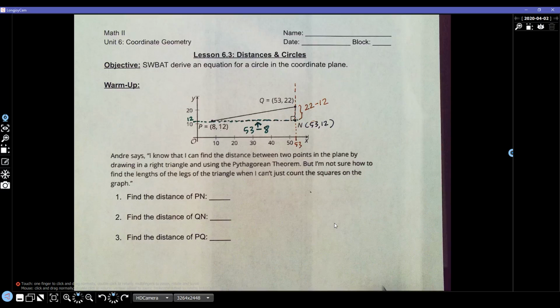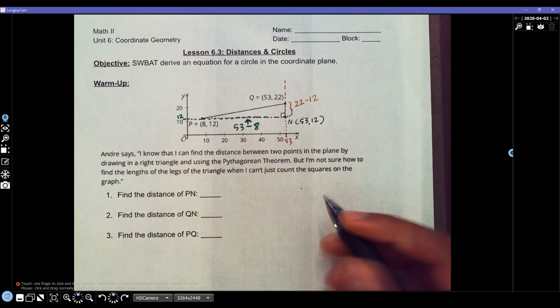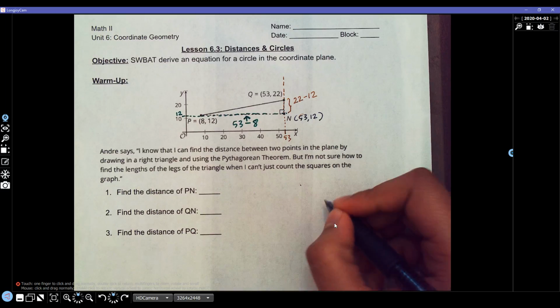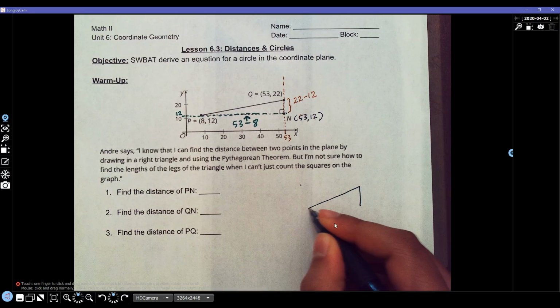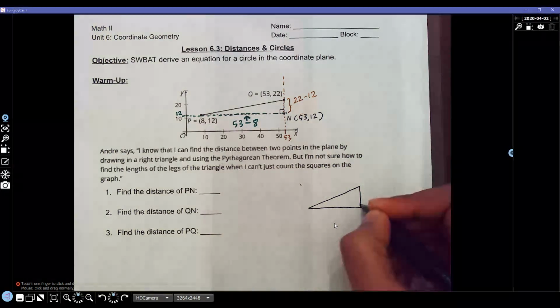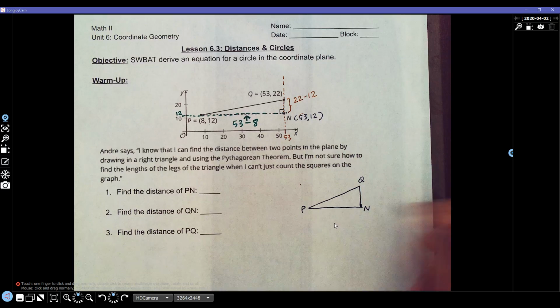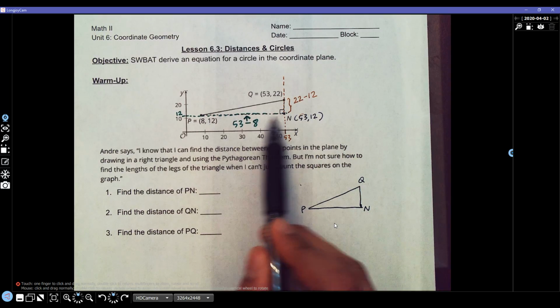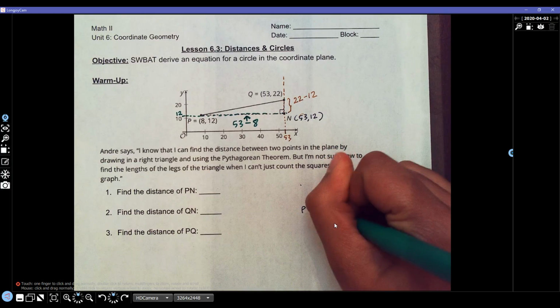So what I'm going to do is draw this triangle out below so that you all can see clearly. So we have this triangle here. We've got Q, P, and N. We know that this distance we found is 53 minus 8, which is going to give us 45.